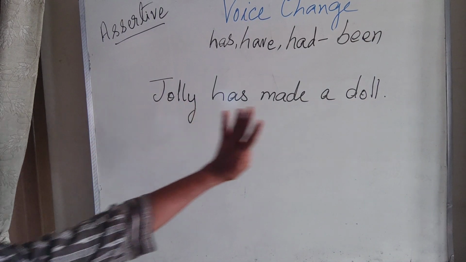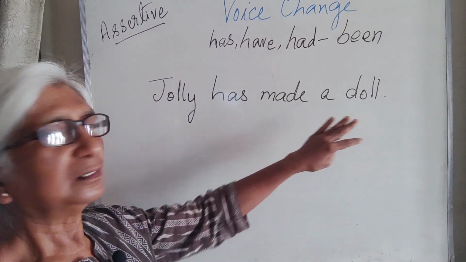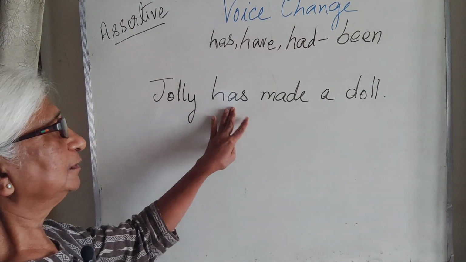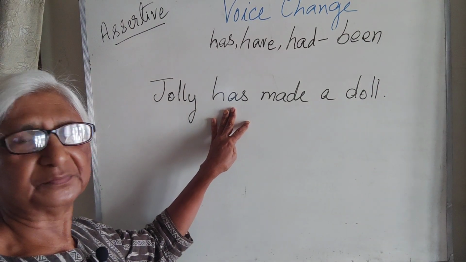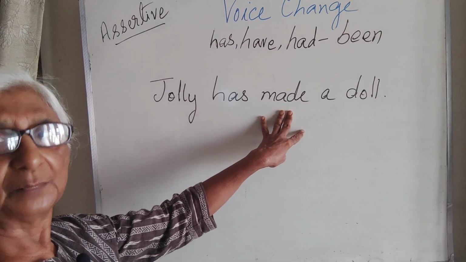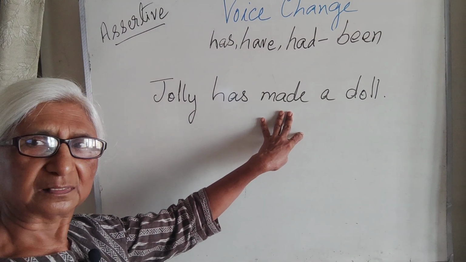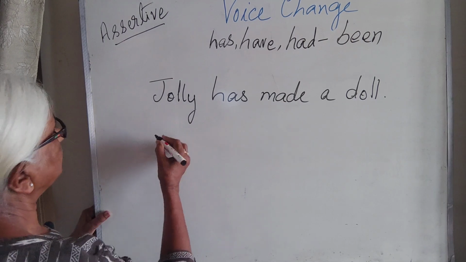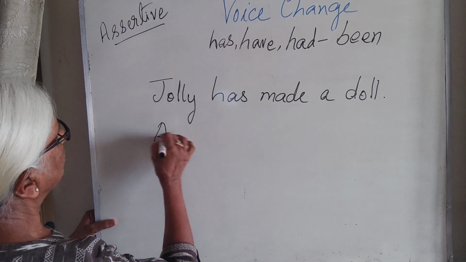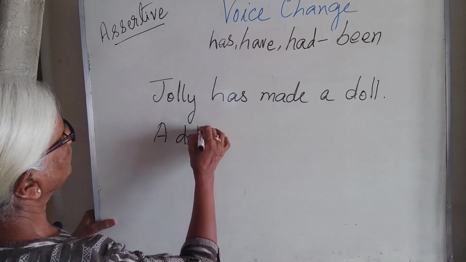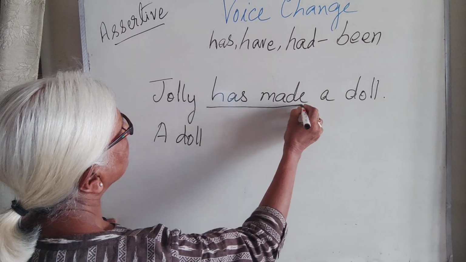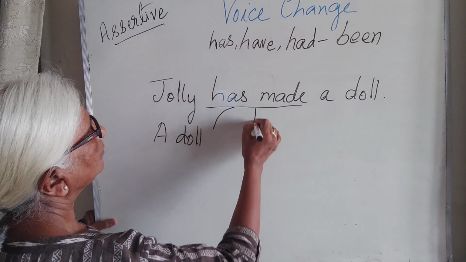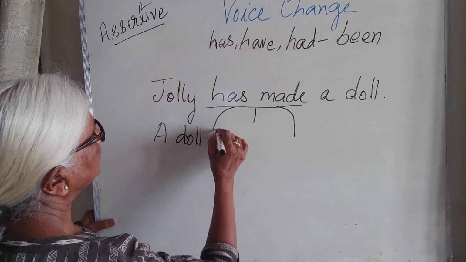Subject singular, object singular. Okay? Then we have has, you know it's present perfect tense. Made, the past participle form of make. Okay? Now, when we change it, a doll has made again into three forms, three parts.